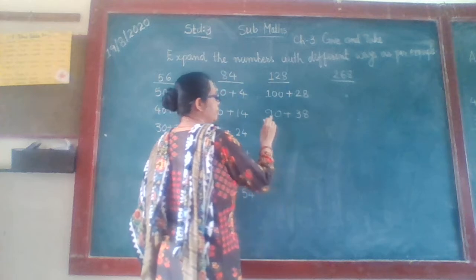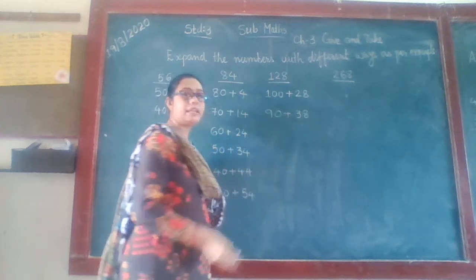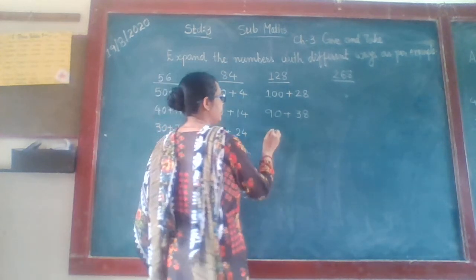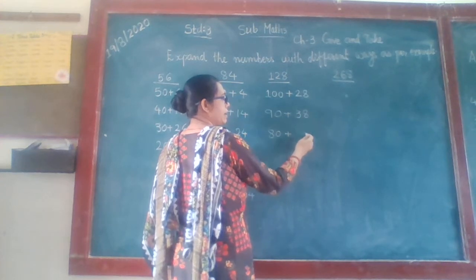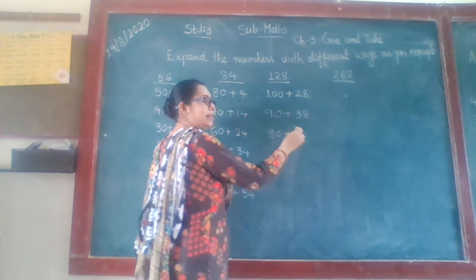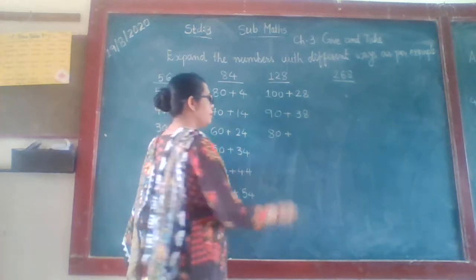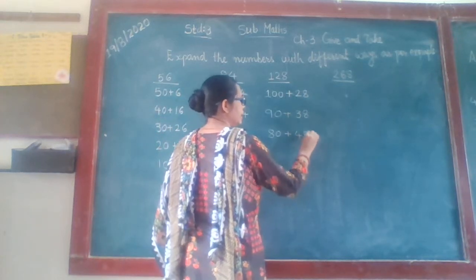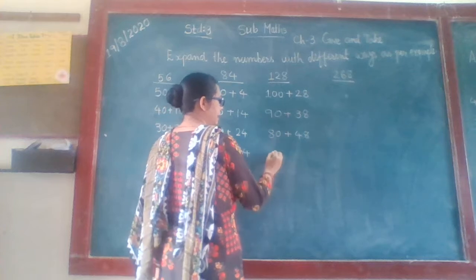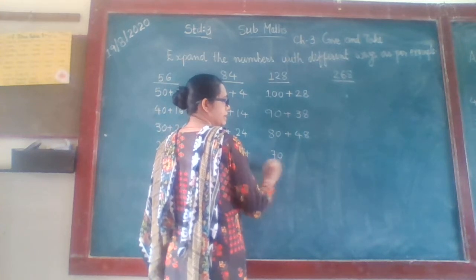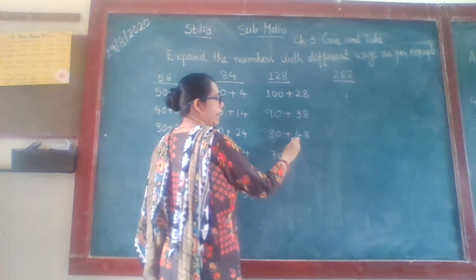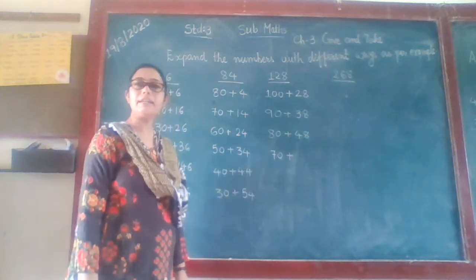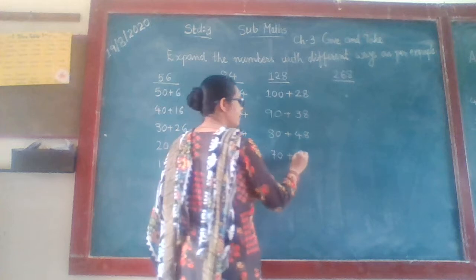Now again we subtract 10. So 90 minus 10, 80. And here we add 10. The ones digit remains the same and in the tens digit we have to add only 1. So it becomes 48. Then again subtract, 80 minus 10, 70, plus here we have to add only 1 in the tens place. The ones digit remains the same.